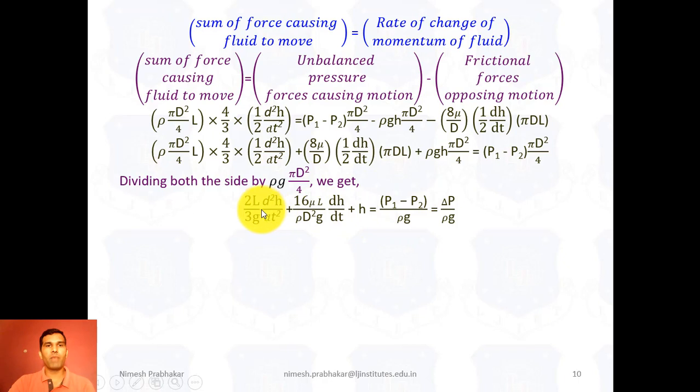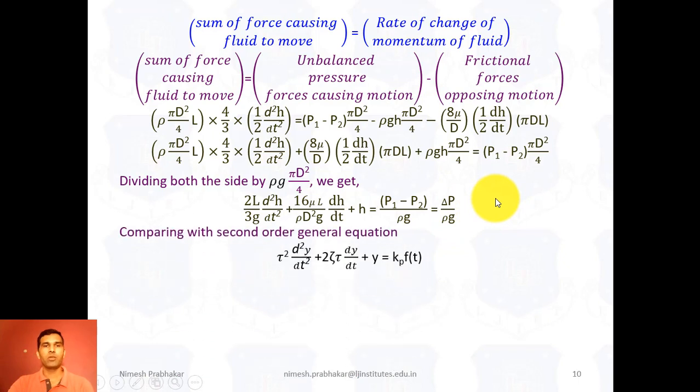Now we compare this equation with the general mathematical equation of second order. By comparing this equation with the general equation, we get tau square equals 2L by 3g.